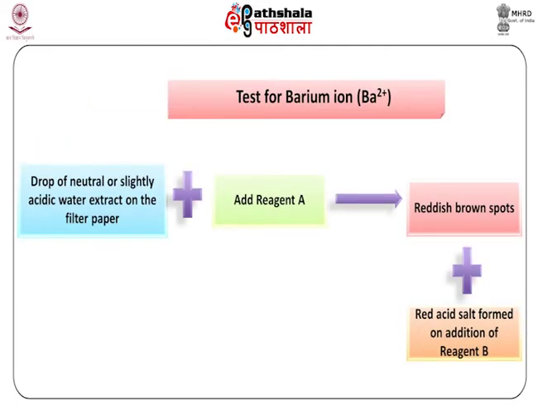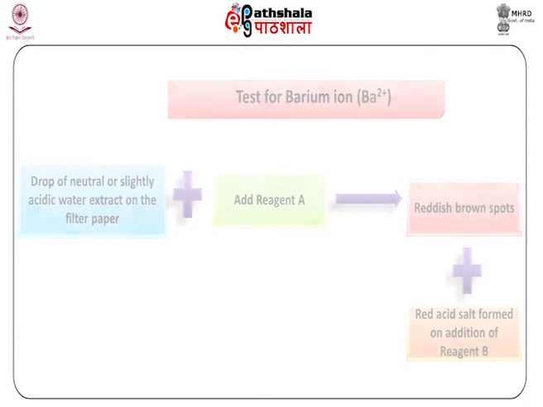Put a drop of neutral or slightly acidic water extract on the filter paper, followed by the addition of reagent A. The presence of barium ion is indicated by the presence of reddish-brown spots. A brilliant red acid salt is formed on addition of B reagent. In case barium is absent, this red color will disappear.